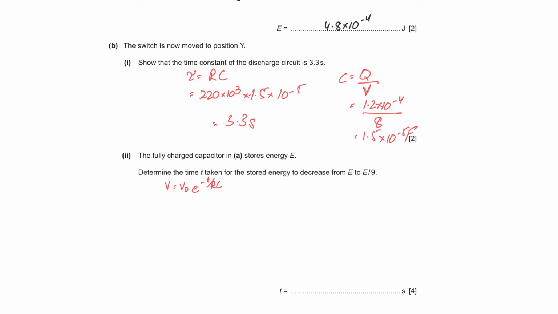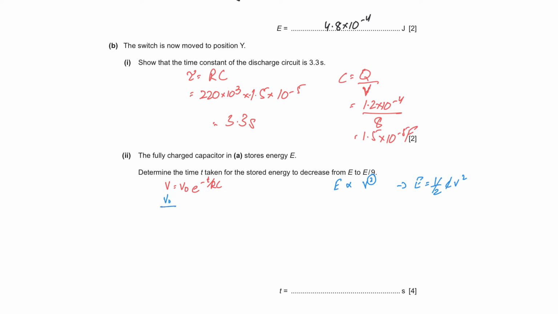Now we just need to figure out what the potential would be after the energy becomes E by 9 from E. We know that energy is proportional to V squared, by the equation E = 1/2 CV². Half is a constant, C is a constant, so E is proportional to V squared. So when energy becomes 1/9 the original value, the potential, because of the squared sign, becomes 1/3 of the original value.